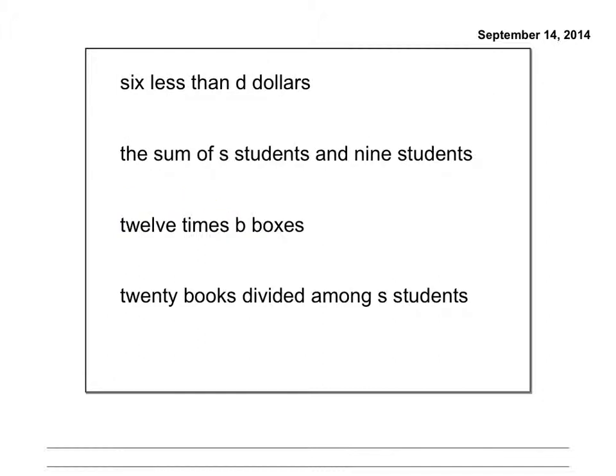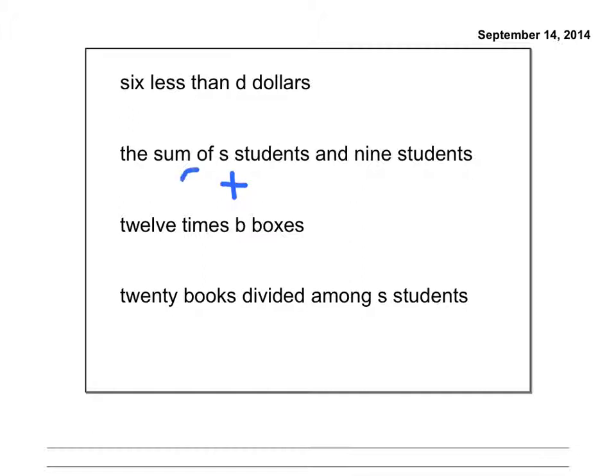Now let's change these word expressions into algebraic expressions. 6 less than d dollars. I'm going to leave that one for last because I want to show you something about the way the rest of them are set up. The sum of S students and 9 students. Sum indicates addition, so we put our addition symbol.